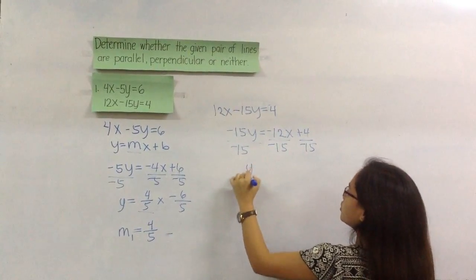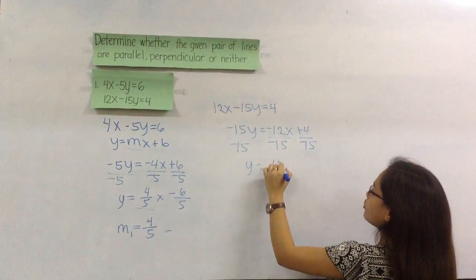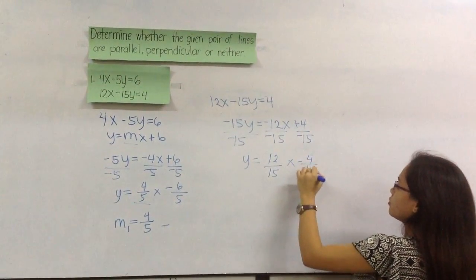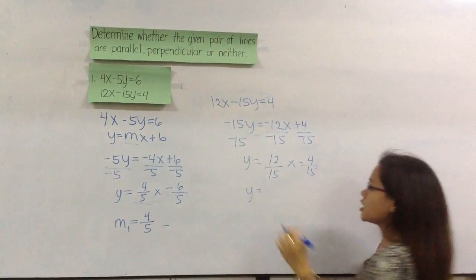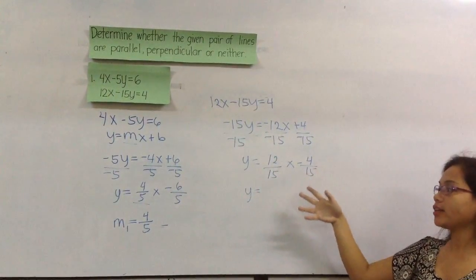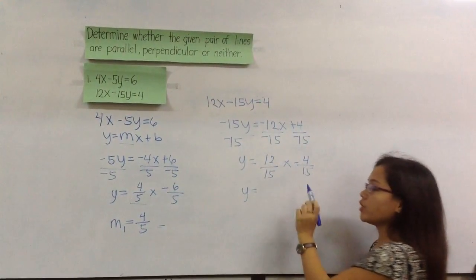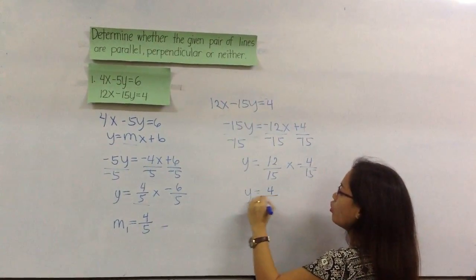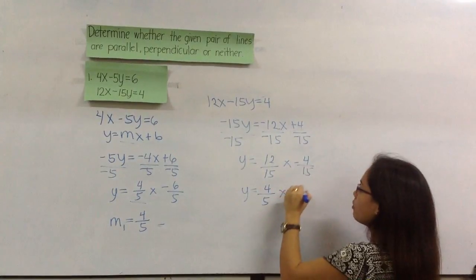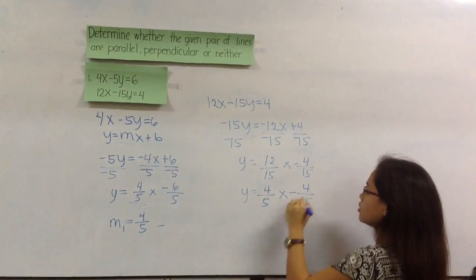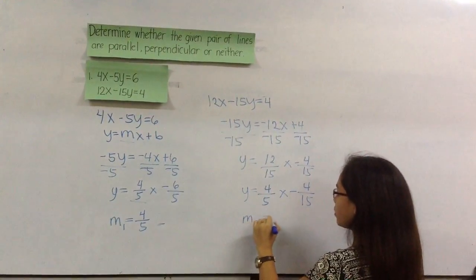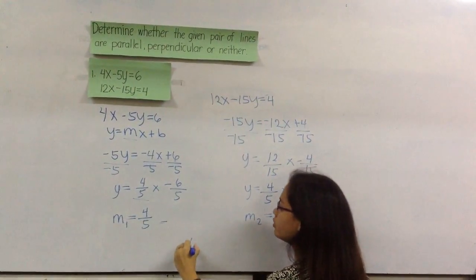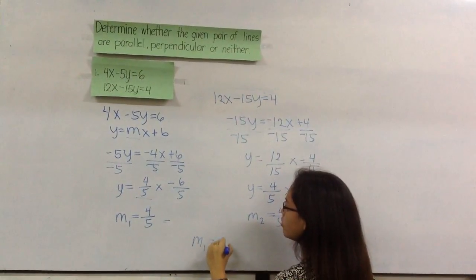So y becomes 12 over 15 x minus 4 over 15. Since this expression can be simplified, 12 and 15 are divisible by 3. So this will become 4 over 5 x minus 4 over 15. So the slope is 4 over 5. As you can see, M1 is equal to M2.